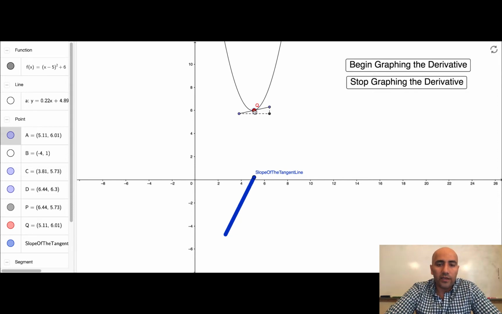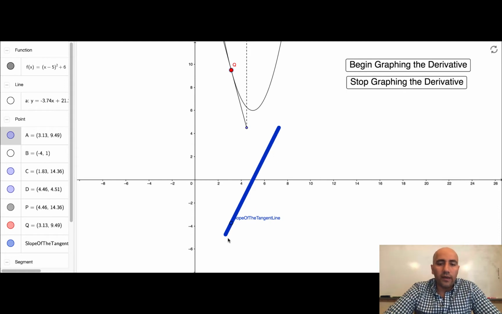And so we'll go over here and we get a small positive, a bigger positive, a bigger positive, and so on and so forth, like so. Okay, so there we go. And so this blue line here represents the graph of the first derivative.